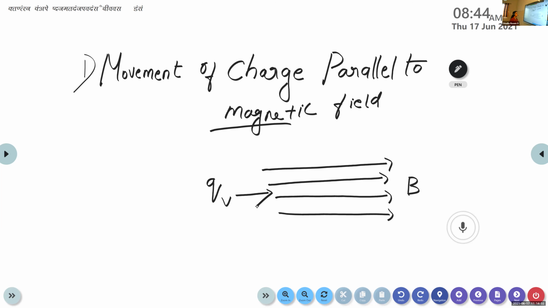Suppose a charge with velocity V enters parallel into a magnetic field. Then what will be the force experienced by the charged particle?